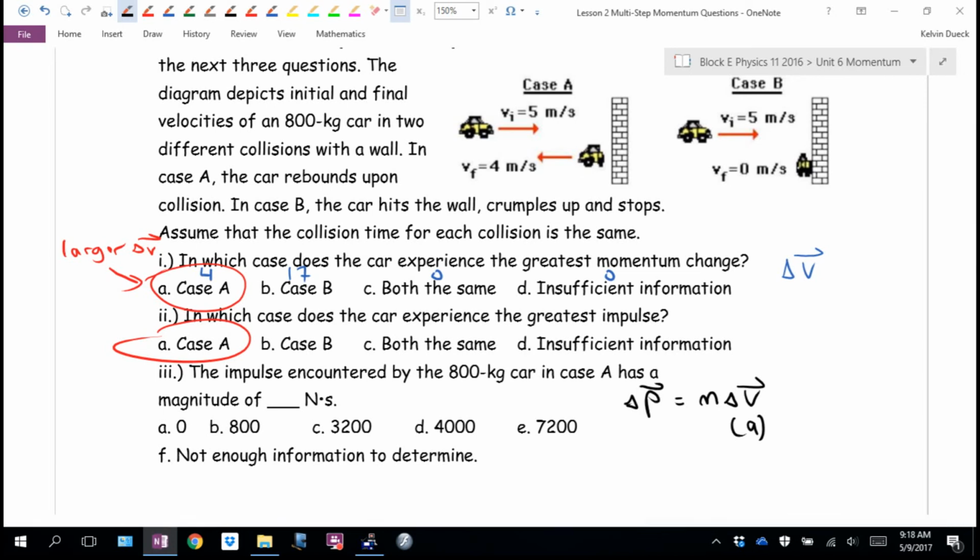I'll make it positive because I'm better with positives. What's the mass? 800. What's the impulse? A, B, C, D, E, or F? E, right?